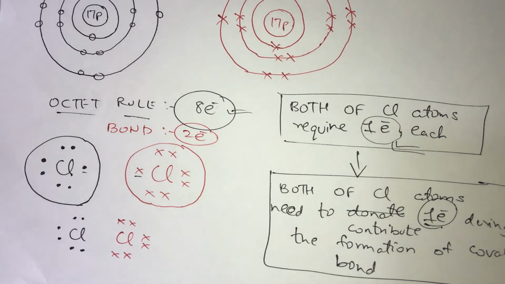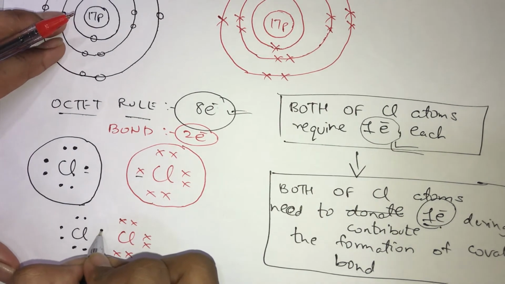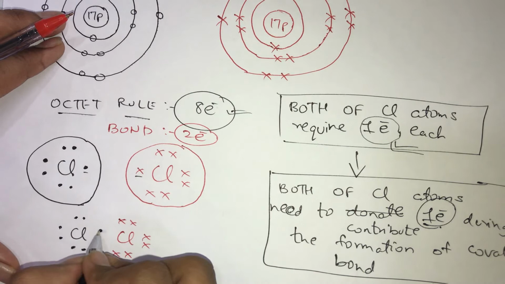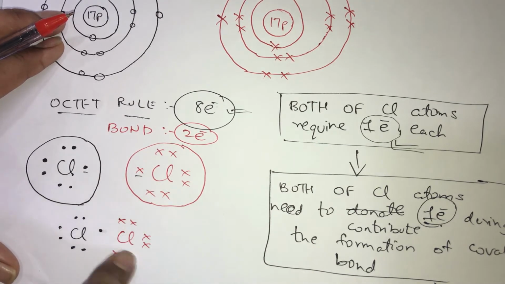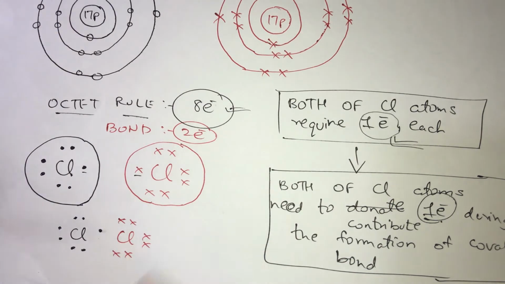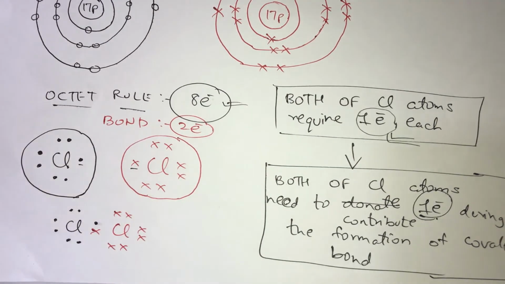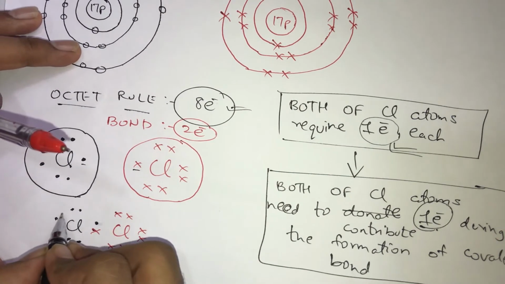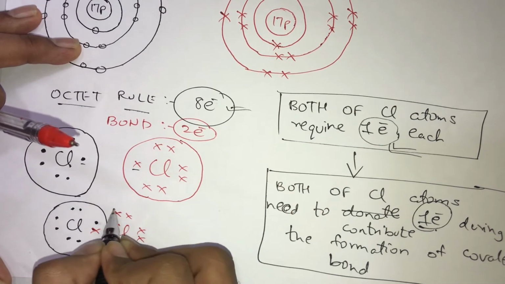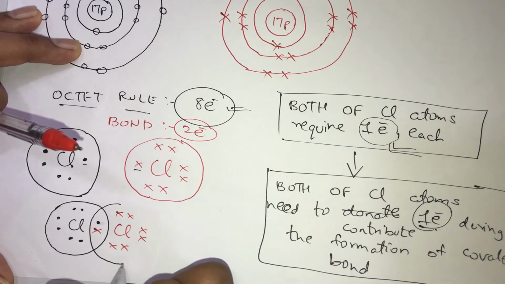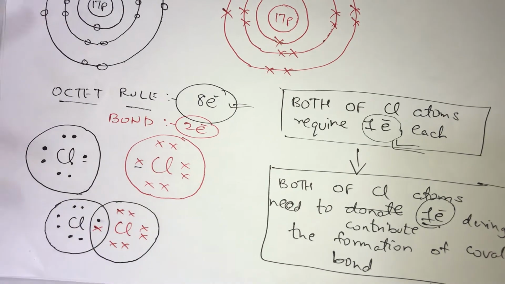Now see, this one electron of this chlorine atom and this one electron of this chlorine atom, they both are going to form a bond, and now this is the Lewis structure of two new chlorine atoms.